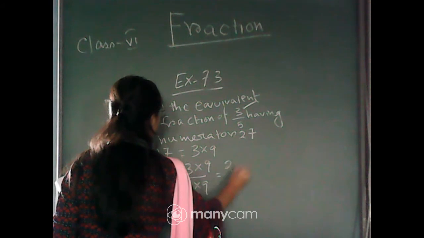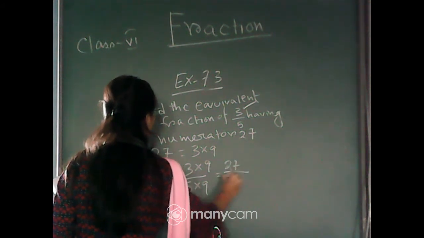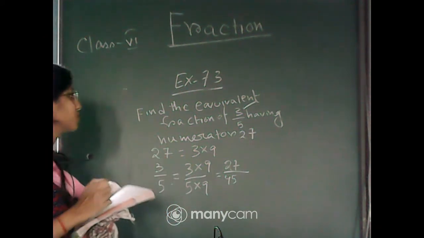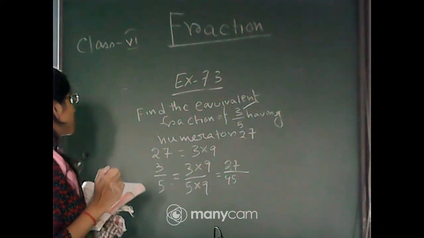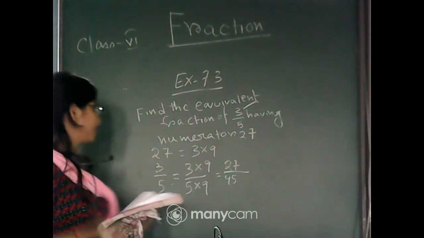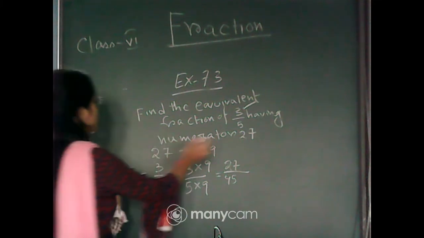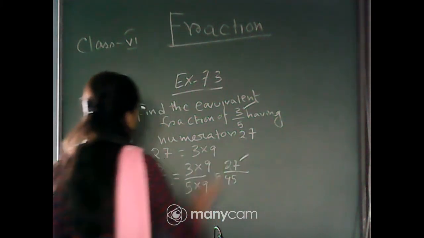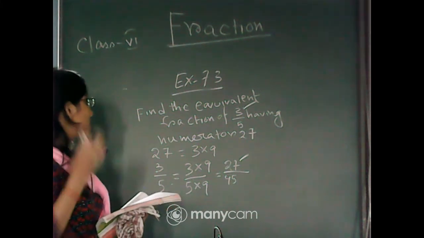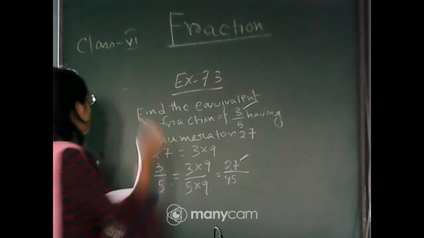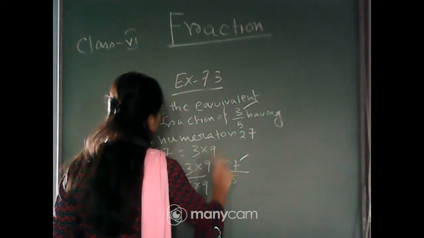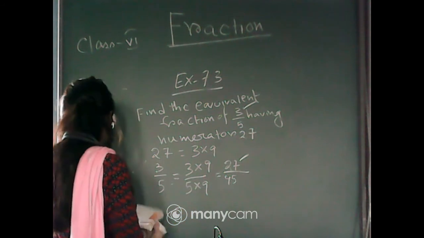That is equal to 27 by 45. Therefore, the equivalent fraction of 3 by 5 having numerator 27 is 27 by 45. Okay.